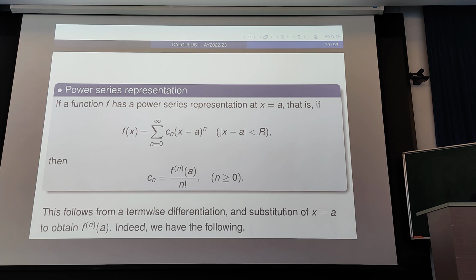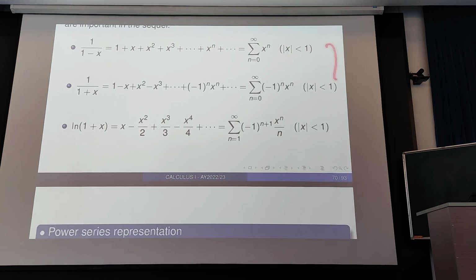So you could try to verify this formula by using the three power series representations. Here are the Cn. For example, for the first power series, C0 is 1, C1 is 1, and C2 is 1.